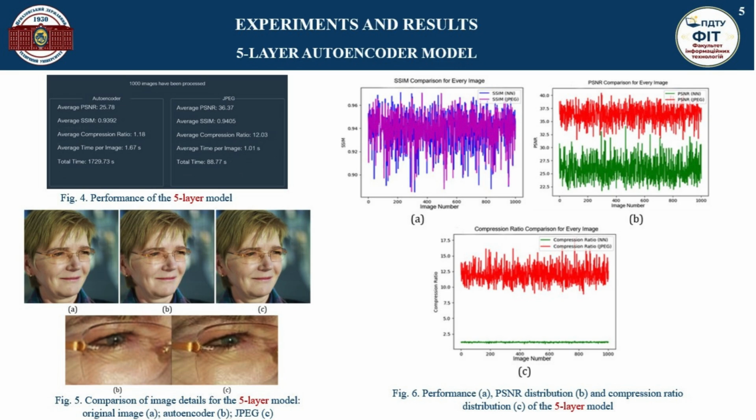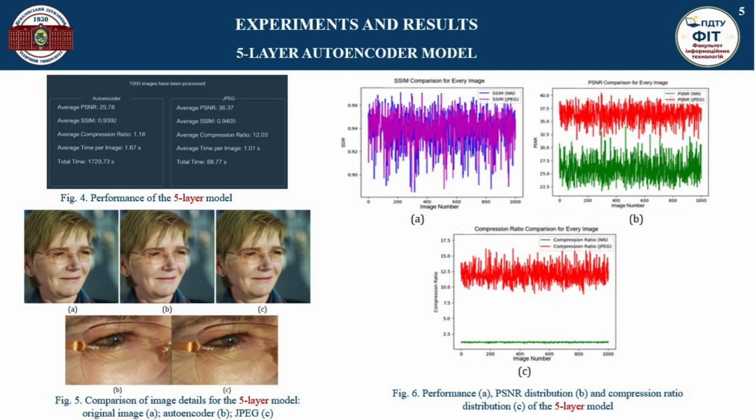See Figure 6a. The 5-layer model also performs worse than JPEG in terms of PSNR, 25.78 vs. 36.37. However, the gap between the two is narrower.